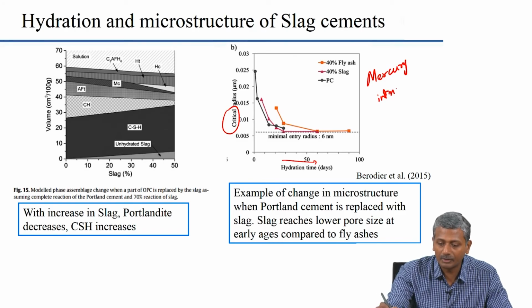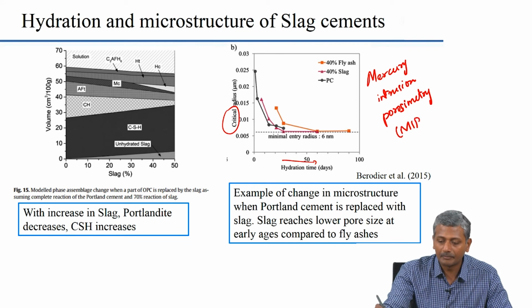We talked about this earlier also briefly, mercury intrusion porosimetry, or sometimes just called MIP.